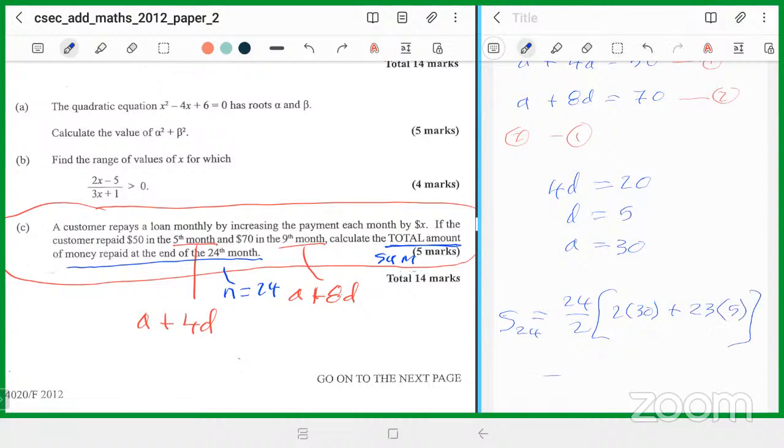And once I put that in the calculator, I will get my answer. Can somebody work that one for me, please? $2,100. Put the dollar sign in front of it. Thank you. $2,100, and that is that.